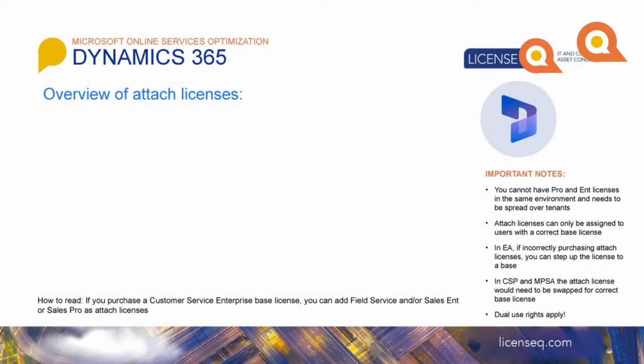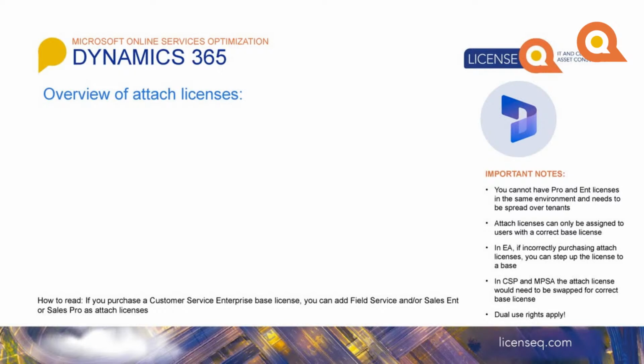And in EA, if you incorrectly purchase attached licenses, you can step up the license to a base license. So if you buy the wrong SKU, you buy a finance attached license, but it should have been the base license, you can use a step up to make it a full base license. In CSP and MPSA, the attached licenses would need to be swapped out for the correct base license.